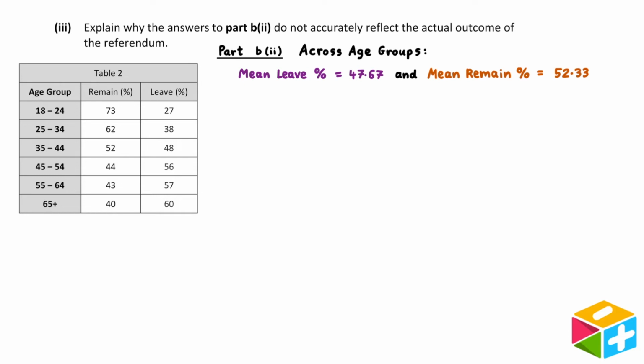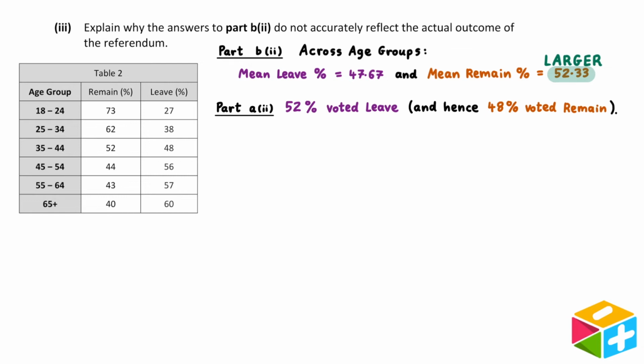In Part BII, we showed that across the age groups, the mean leave percentage was 47.67 and the mean remain percentage was 52.33. Here, the mean remain percentage was larger than the mean leave percentage.